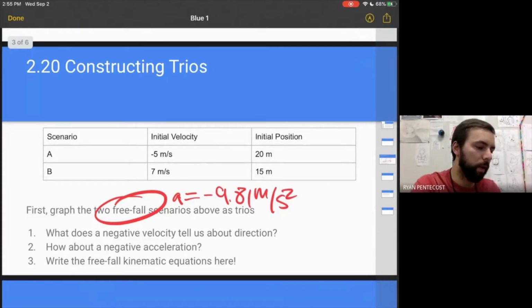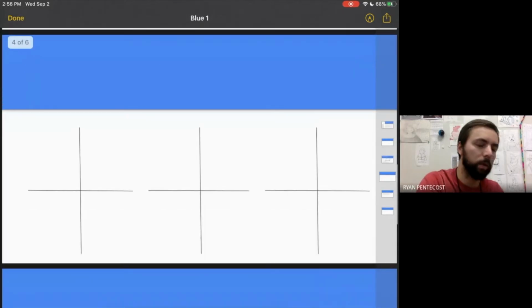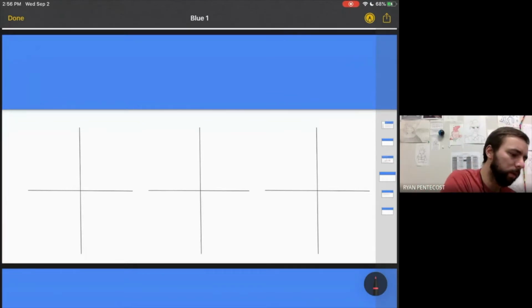So we already have that information going forward. So let's call this our x versus t, our v versus t, and our a versus t.